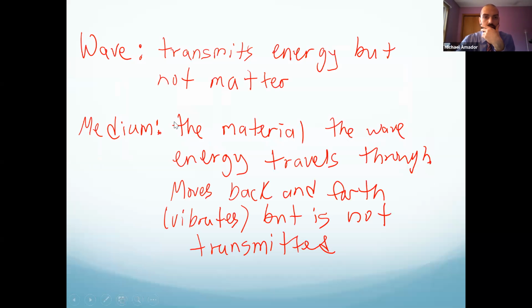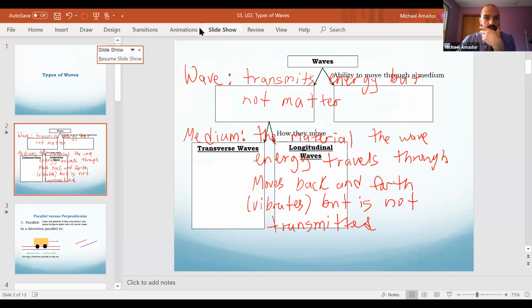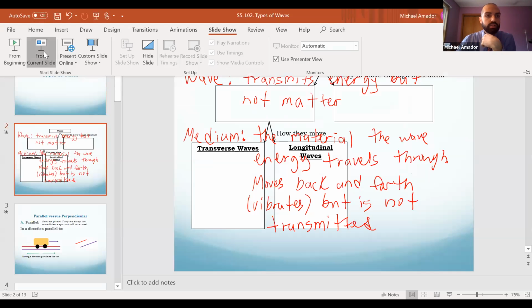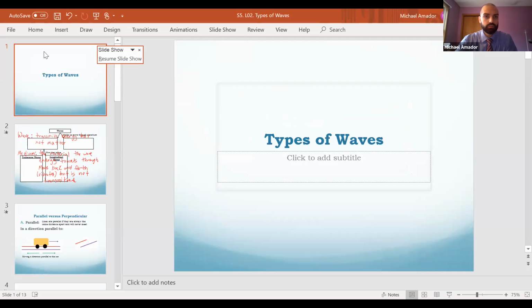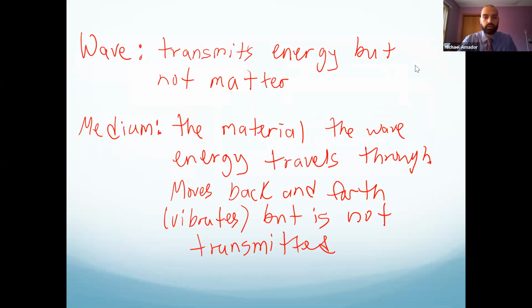The main points which I jotted down, these are the most important things we need to remember from yesterday, is that waves transmit energy, but not matter. The medium is the material that the wave energy travels through.